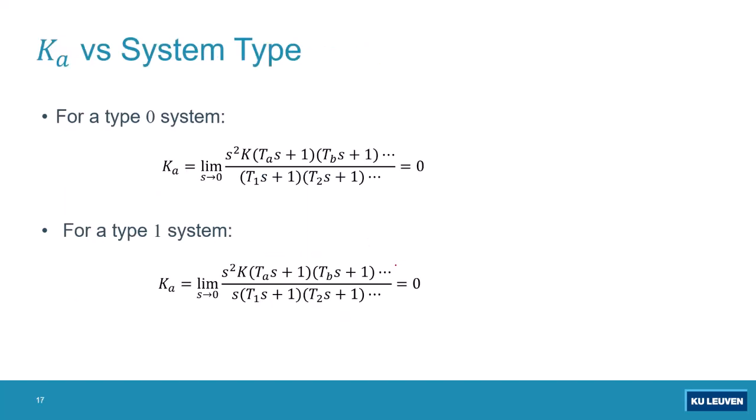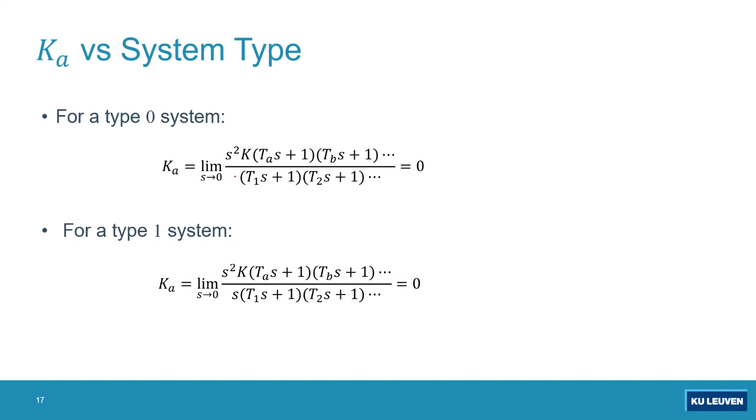Now, how will this Ka differ for different type numbers in our unity feedback system? Let's consider now if we have a type 0 system in our unity feedback system.